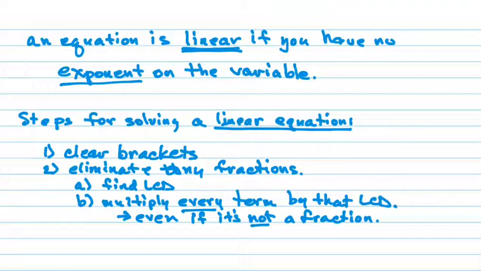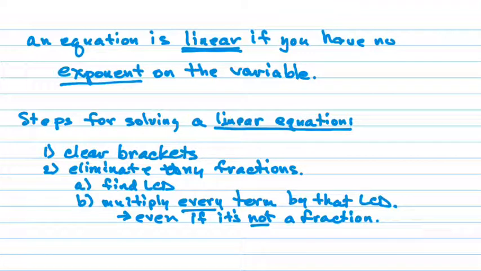Okay, I'm going to write that down and then let me tell you something about linear equations that's too cool. Multiply every term by that LCD. So just the fractions? No, what? Everything, every term by the LCD. Okay? Here's the rule. You can do anything you want to an equation as long as you do it equally.